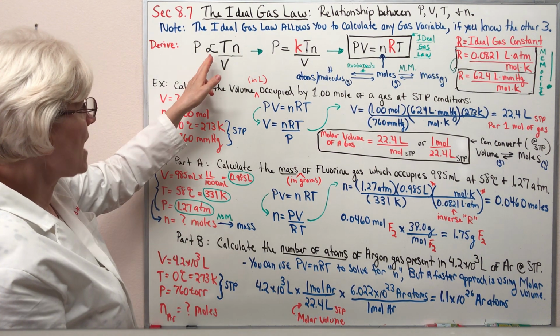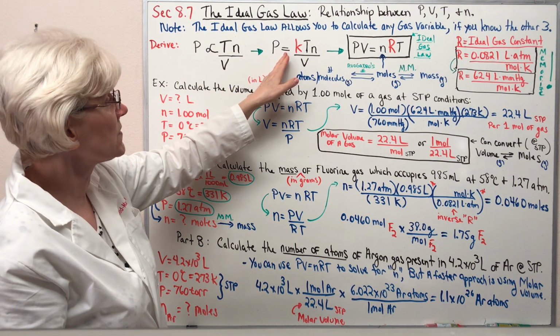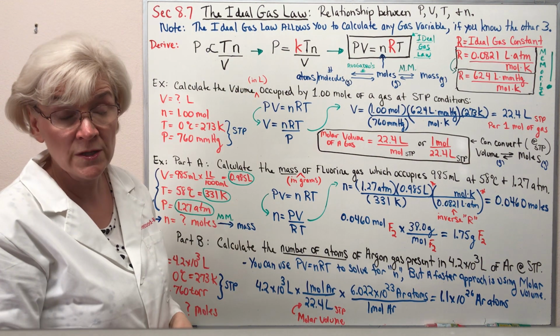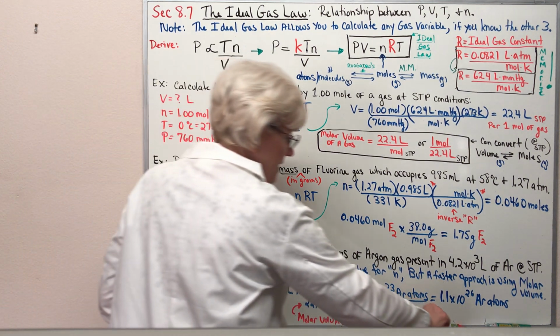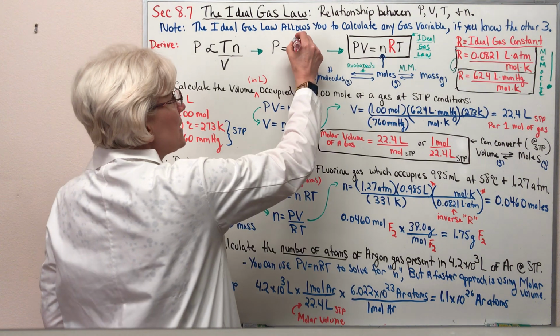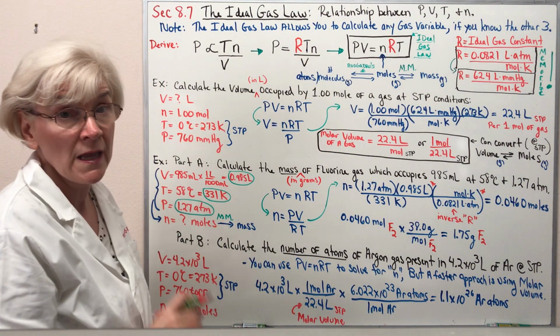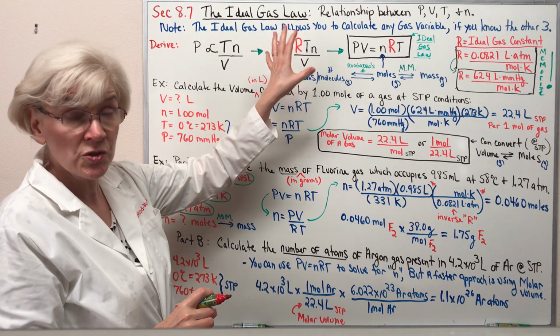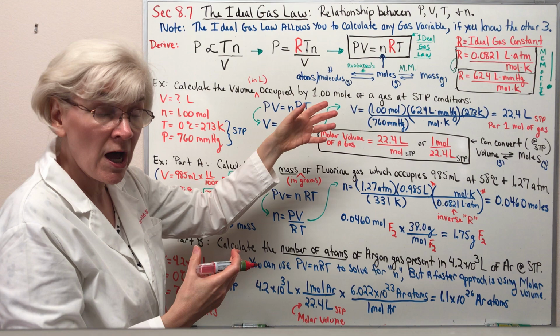And we know what to do next. Take that proportion sign and replace it with an equal sign, but we must multiply by a constant. However, in this instance, this constant is something that we are going to need to know some information about. So it gets its own special constant letter, the letter R. It is a constant.